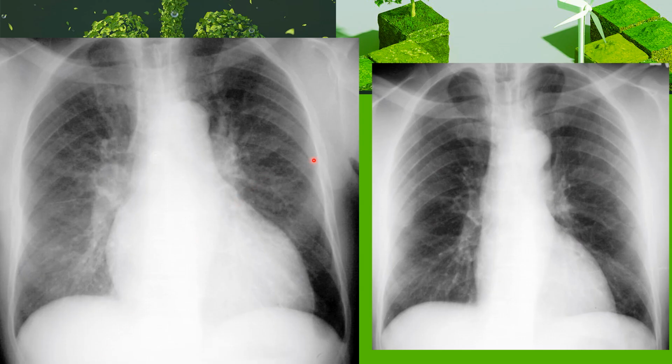And here you can see more clearly, this is the normal and in comparison this is the upper lobe diversion. So here are the lower zone vessels, and here the upper zone vessels are also dilated.